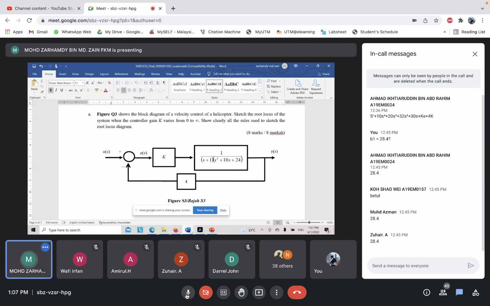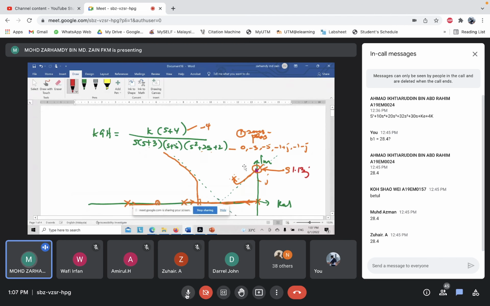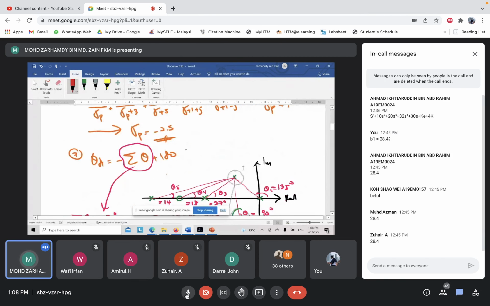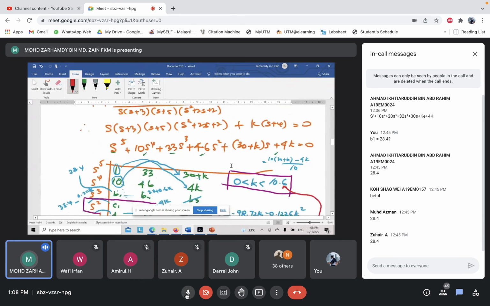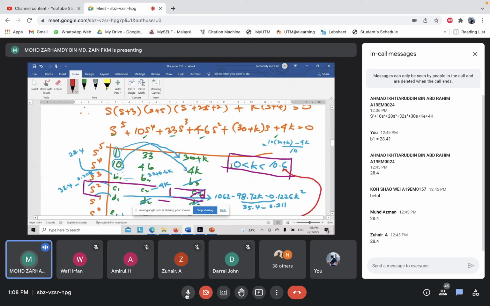Tapi dalam kita punya case ni we don't have any choice sebab kita bukannya running time to time in our process. We only do some calculation and then estimate the critical point. Tu yang kita ambil je nombor bulat ni. Boleh ke?